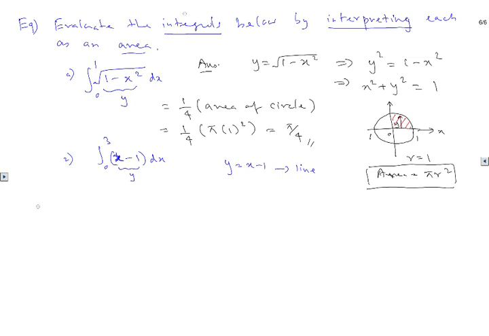Okay, so draw this. If you draw this, what do you get? You plug in 0, you get -1. If you plug in 3, you get 2. So that's the line. Okay, so you try to find this area plus that area, but be careful, there's a positive area and a negative area.